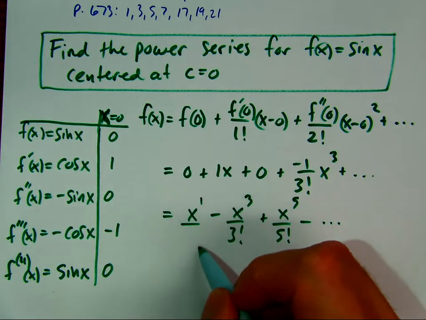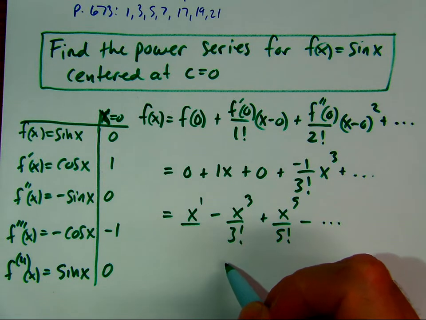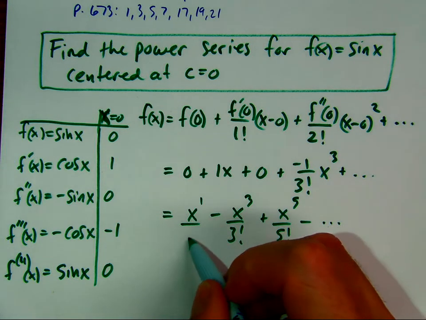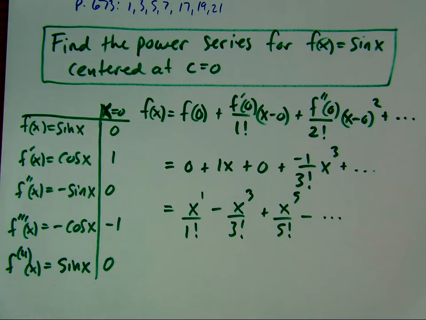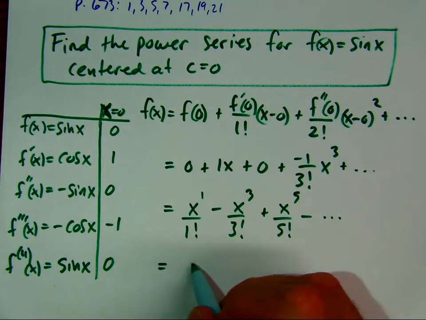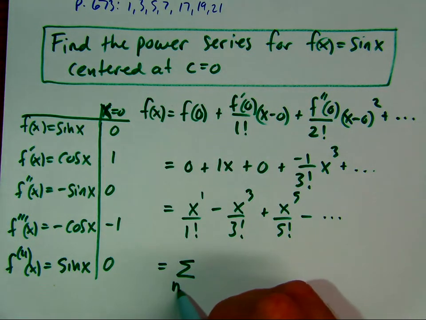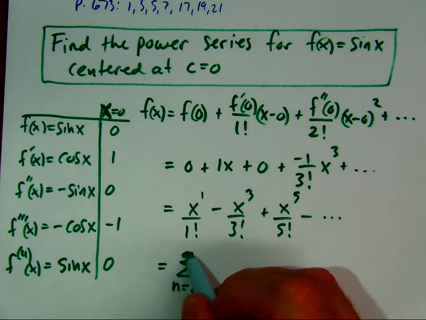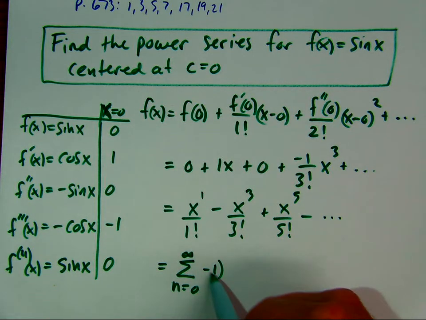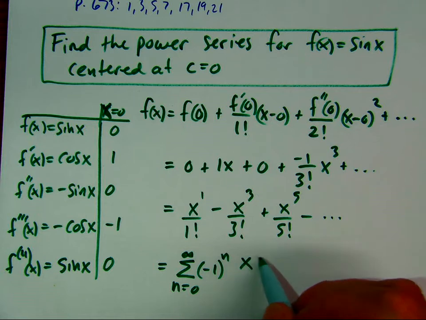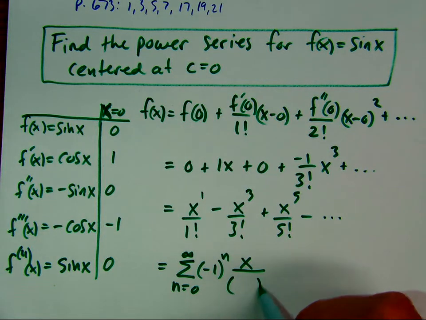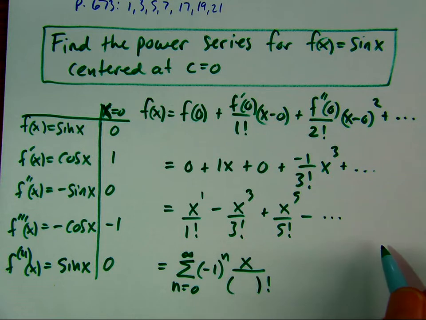Just to write out the general term, we should write this so we can just see the pattern. It's alternating, so we can write that. And then we'll have x to an odd power over that same odd number factorial.